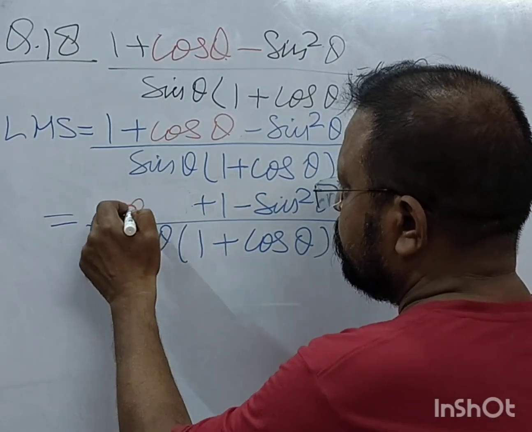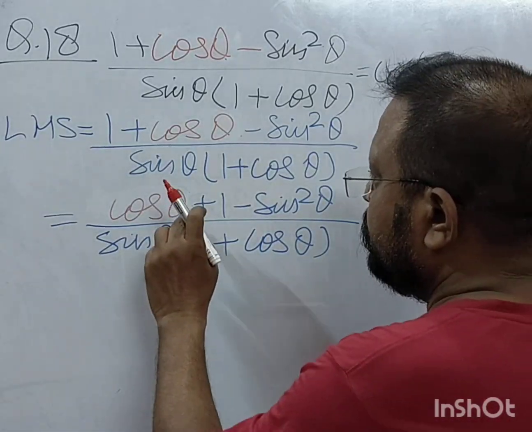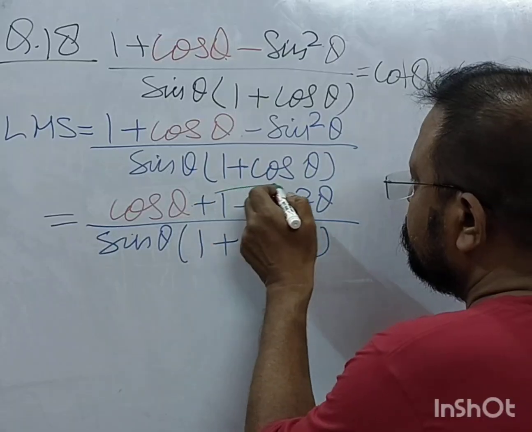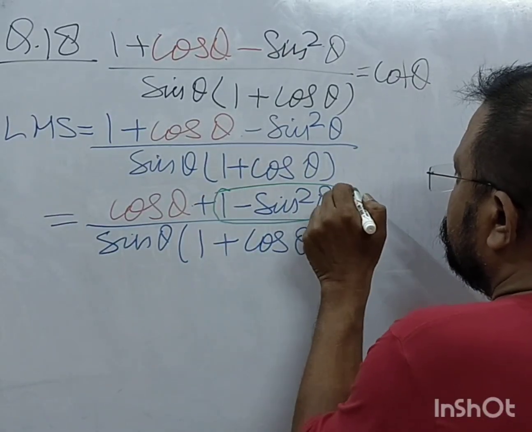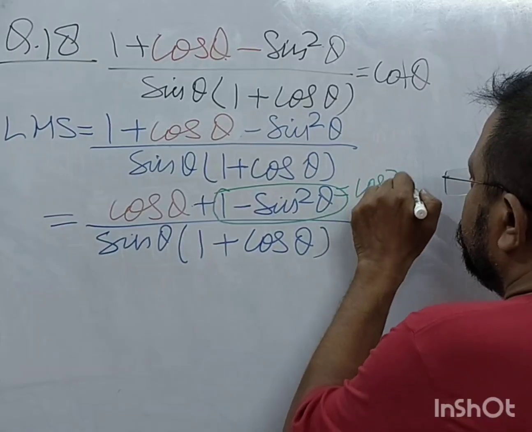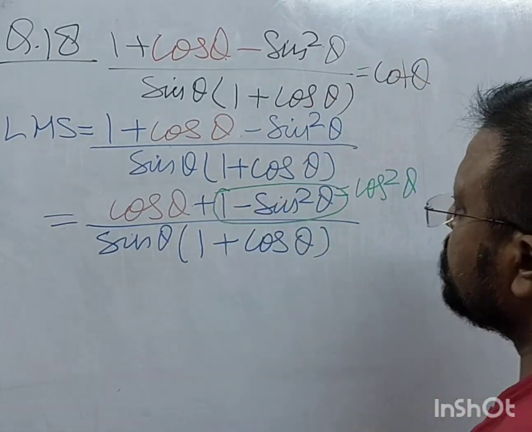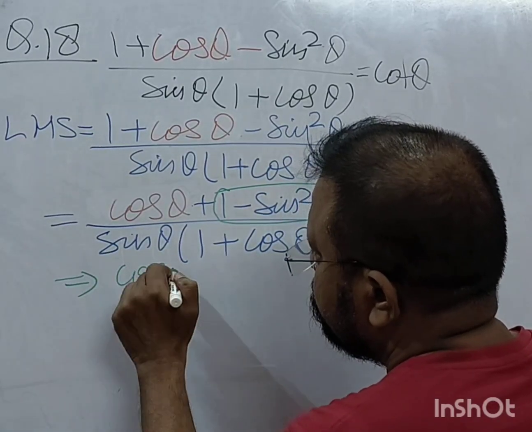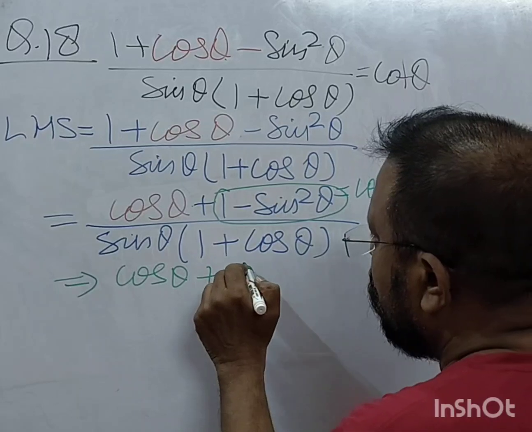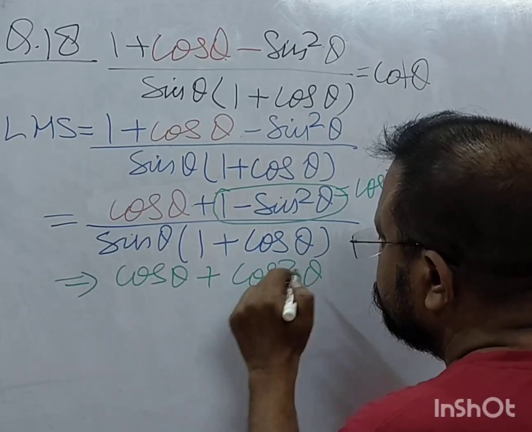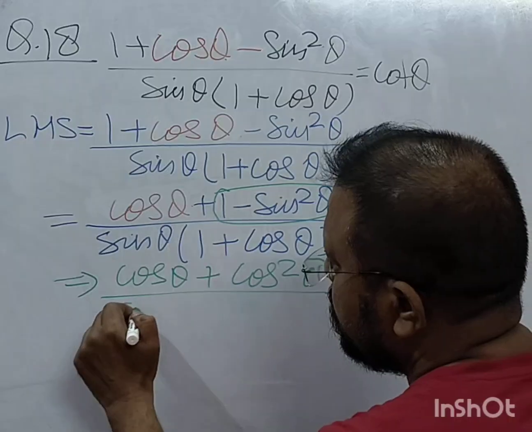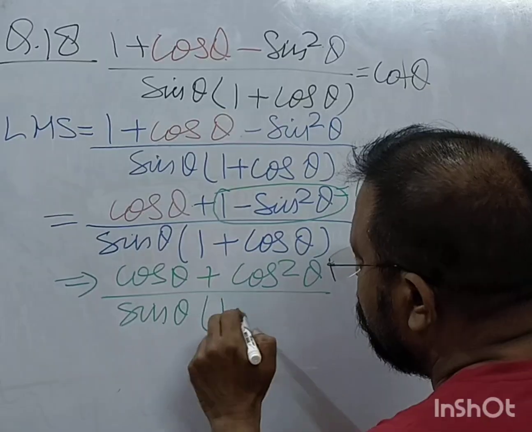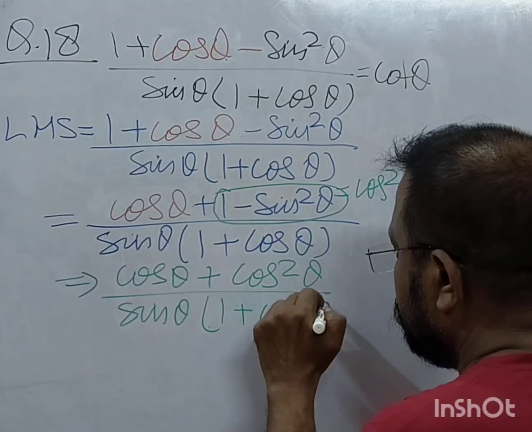So it is cos theta, and this as a whole converts into cos square theta. Now you can write here cos theta plus cos square theta upon sin theta (1 plus cos theta).